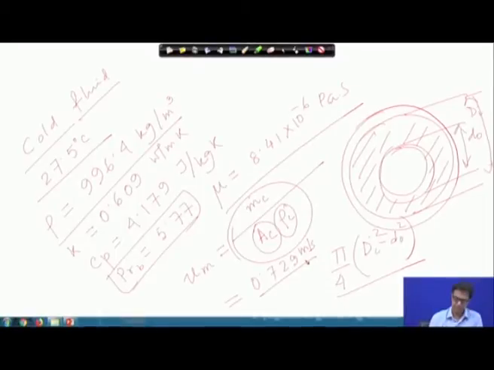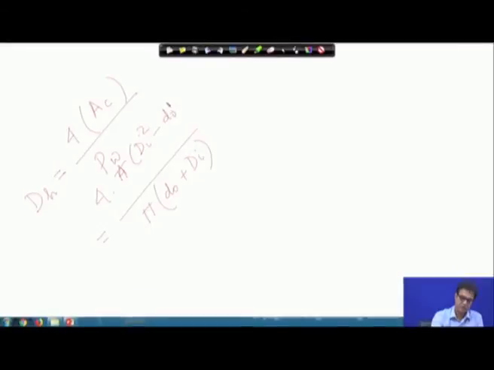And the hydraulic diameter can be calculated as 4 times that free flow area that we have just calculated, divided by P_w, which is nothing but pi times d_0 plus d_i. So, we have 4 times pi by 4 times d_i square minus d_0 square, divided by pi times d_i plus d_0.